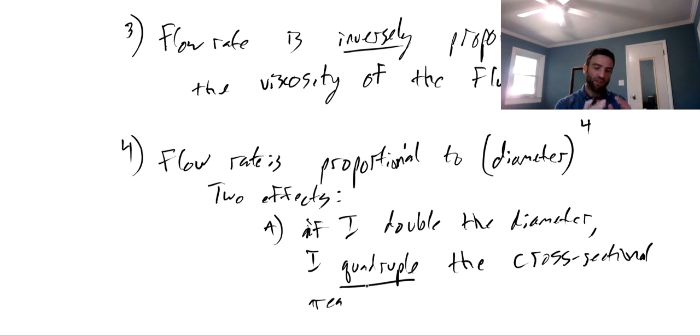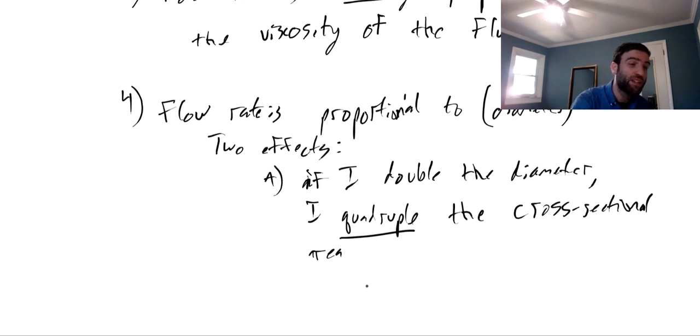Right, so I have a circle, and now I make my circle twice the diameter. That multiplies the area of the circle by 4, right? And so that's quadrupling the amount of space that we have for fluid to occupy. Okay, so that gives me 2 of these 4 powers of the diameter.